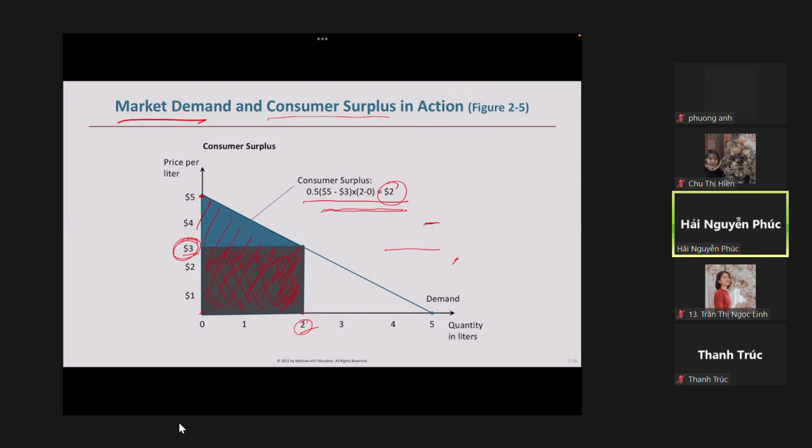I hope that you remember from the course of microeconomics, the consumer surplus is the area below the demand curve and above the price.